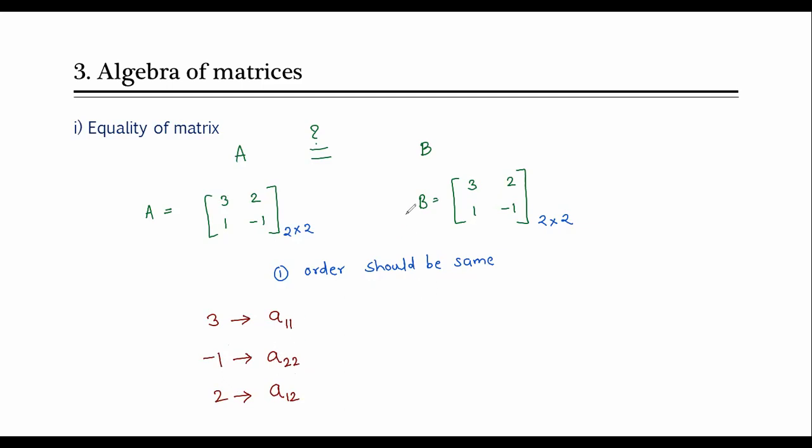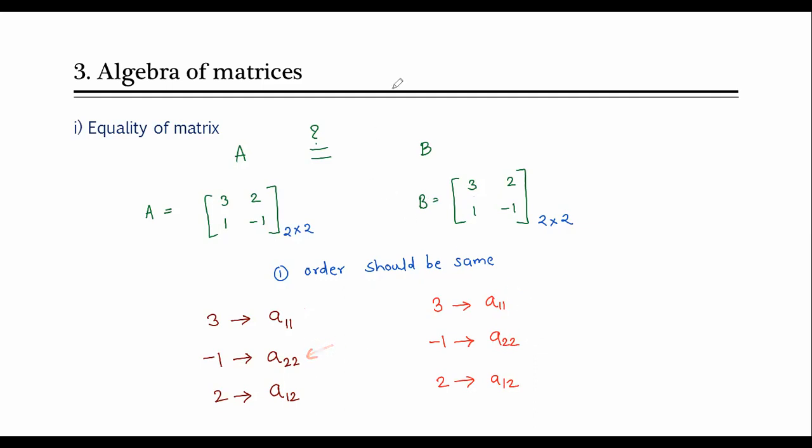Okay. Now, if I am considering matrix B, what is the location of element 3? A11. What is the location of minus 1 in this? A22. What is the location of 2 here? A12. So the thing is, if you observe all the elements of A and all the elements of B, they are equal as well as they are at the same position.